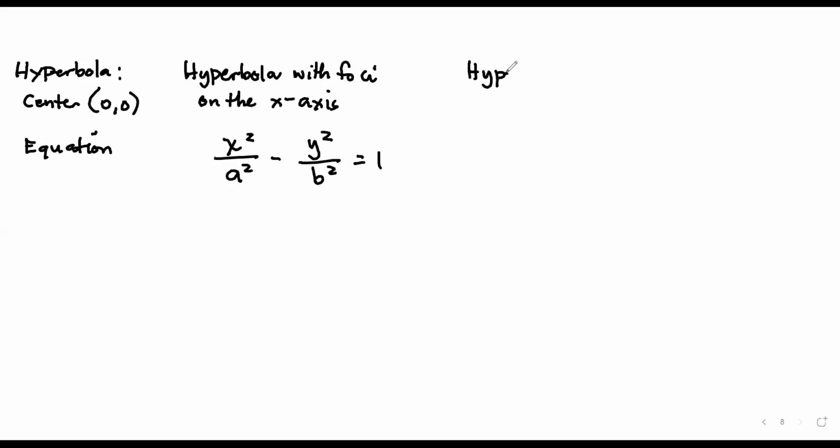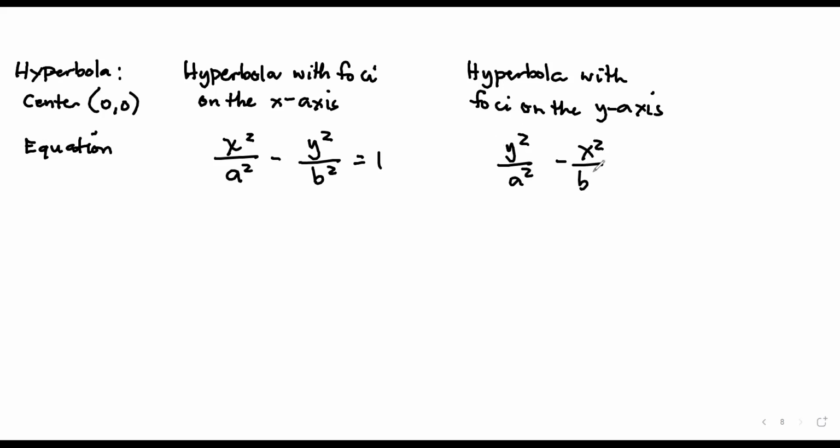If the equation of the hyperbola with foci on the y-axis, it is y squared over a squared minus x squared over b squared equals 1.